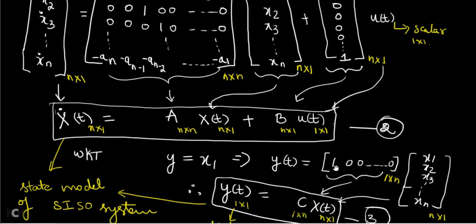So if you multiply this row vector with this column vector, you are going to get back y is equal to x1. Correct, no? First row into first column: 1 into x1 plus 0 into x2 plus 0 into x3, all are zeros. So what is the answer you will get? x1 only. So y is equal to x1 can be written like a matrix equation.